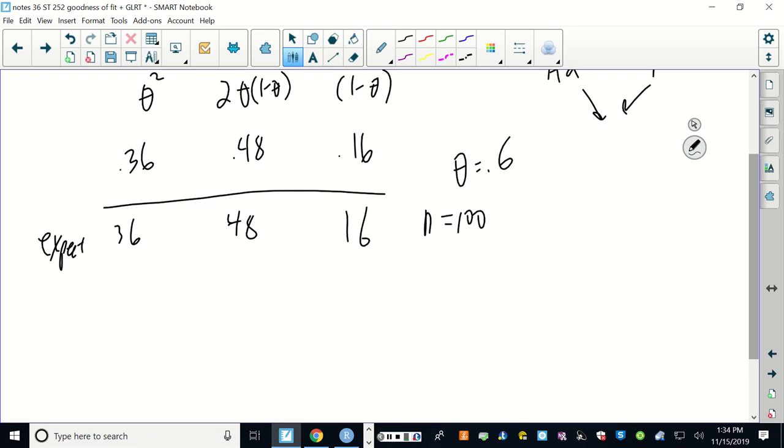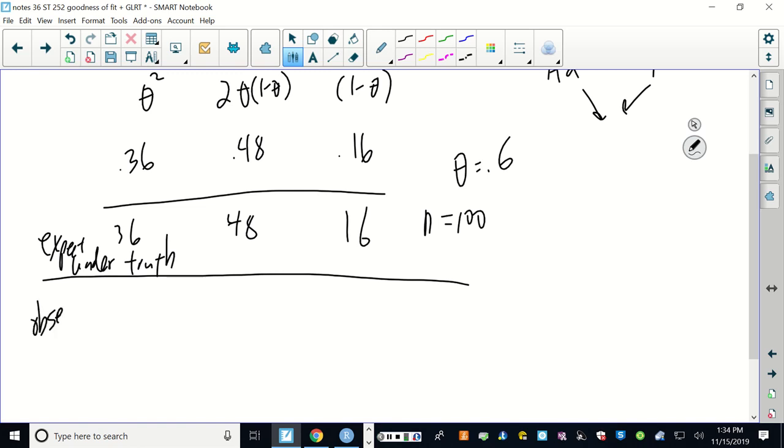If we knew this number, right? This is under the model, under truth, say. But let's say we observe 33, 52, and 15. Those add up to our 100 individuals.